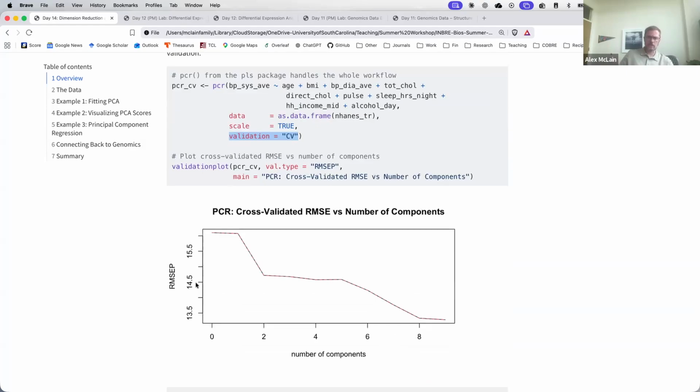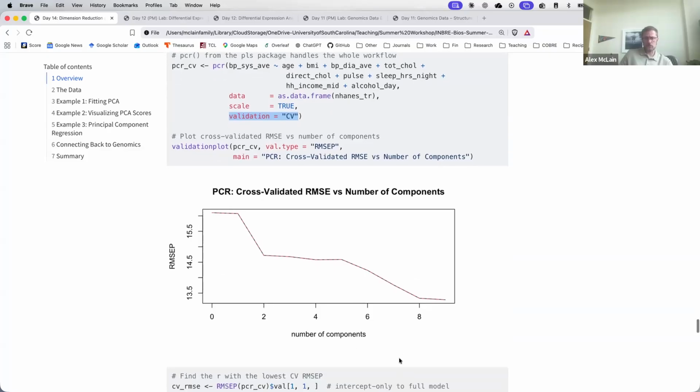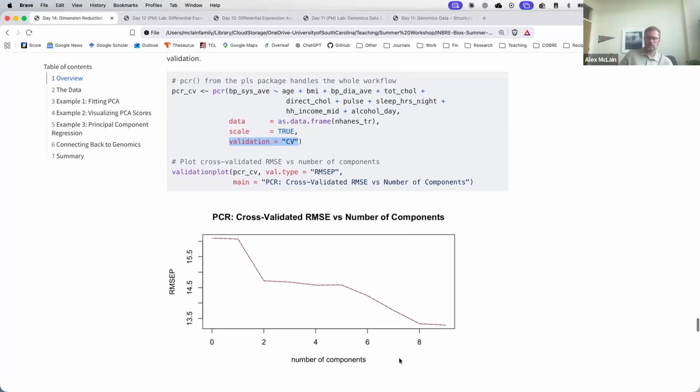So here we see the error by the number of principal components. And typically what you would use is you would find the number of principal components that have the lowest predictive error. Here, it gets us all the way back to 9. 9 is the maximum number of principal components we can have because we only have 9 variables.